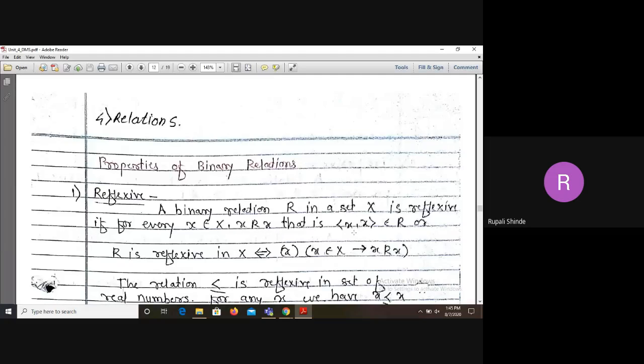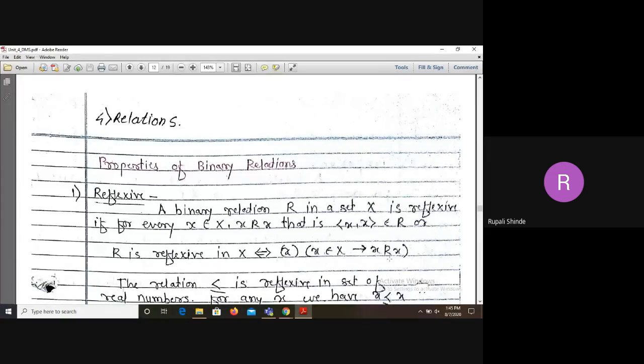The ordered pair (x, x) must belong to relation R, or R is reflexive in set X. This is equivalent to: for every x belonging to X, x R x. Means that the ordered pair (x, x) must belong to relation R.